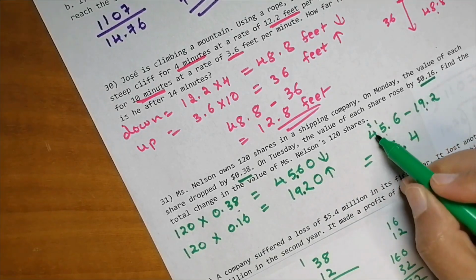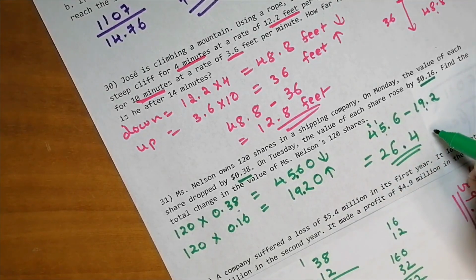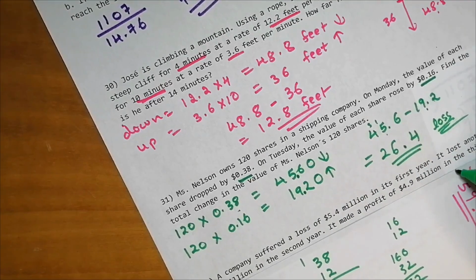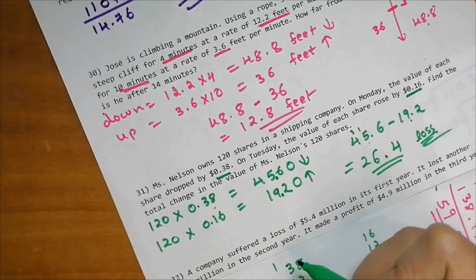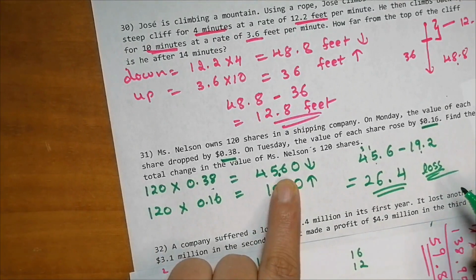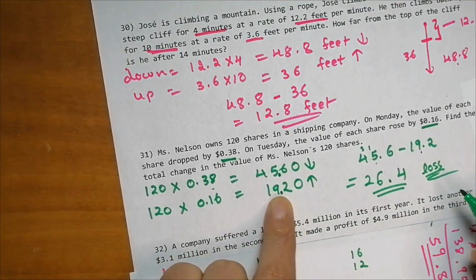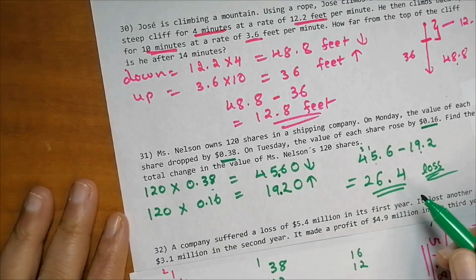And this is now 3, not 4. 3 minus 1 is 2. So this is the change, and this is the loss, basically, right? Okay? Clear? Simple? You found the fall, the going down, then you found how much it went up, and you subtracted, and you got the answer, the total change.